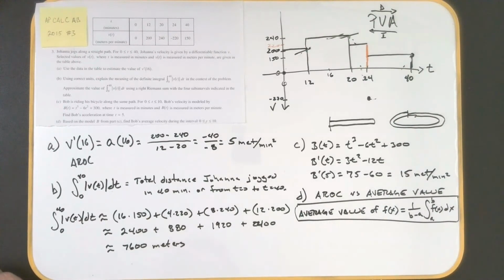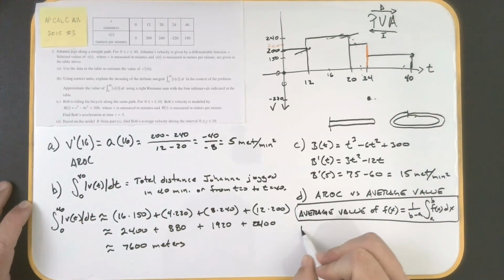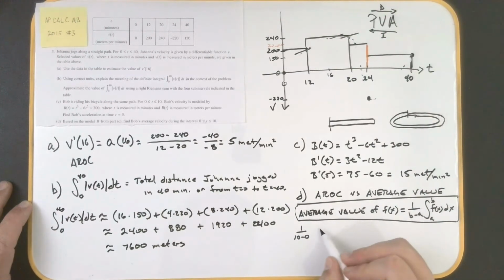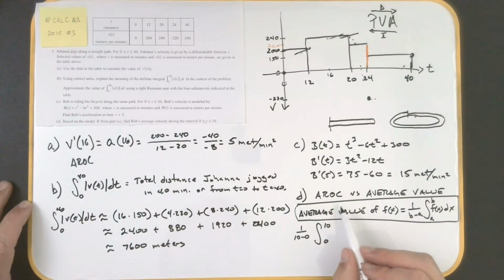Now, what's very easy to do is to think you're finding average value or a rate of change, and so you think, oh, they want the acceleration, and you take a derivative. It's a very easy mistake to make here. But you have to remember not to get tricked, and they just want the average value of Bob's velocity. So the average value of Bob's velocity would just be 1 over 10 minus 0, because that was the interval they gave us, the integral from 0 to 10 of Bob's velocity.